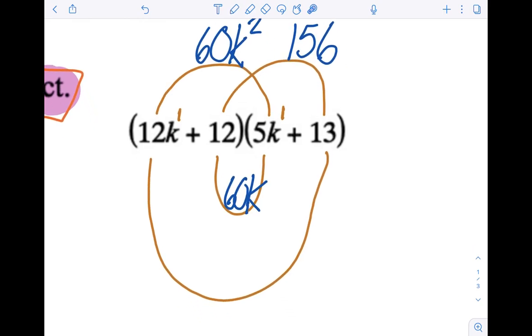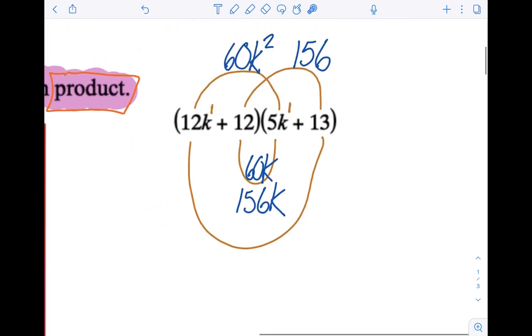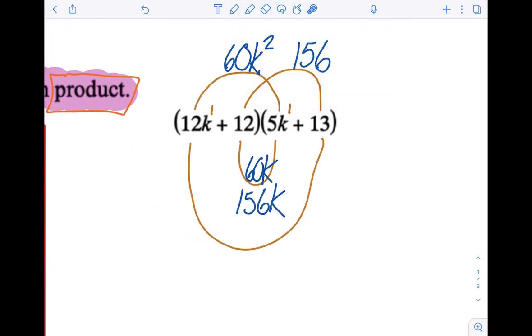And then I'm going to do 12K times 13. So 12 times 13 is 156. And K. Because there's nothing to multiply. K is not multiplying with anything, so it just comes straight down, just like that. Now, what happens with these two numbers here, kiddos, is they are both K. So I'm going to add these together.